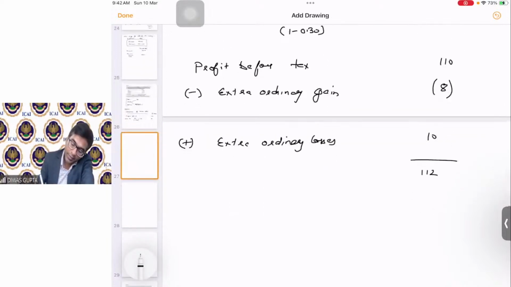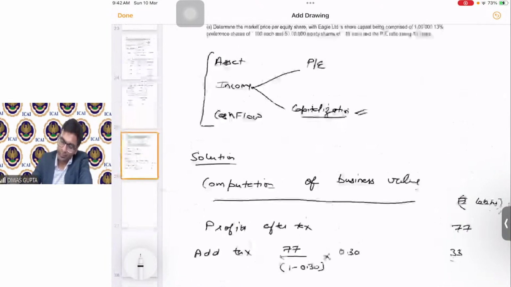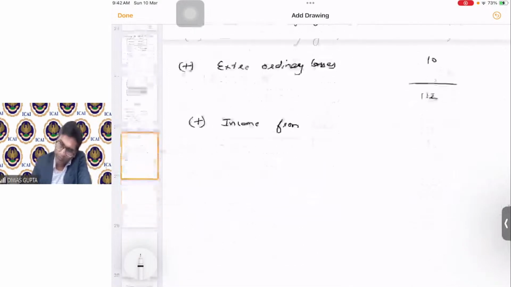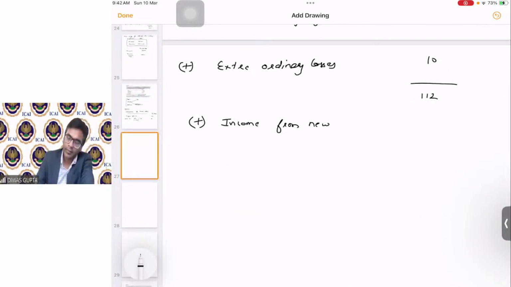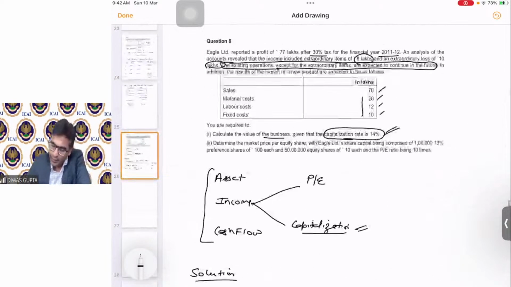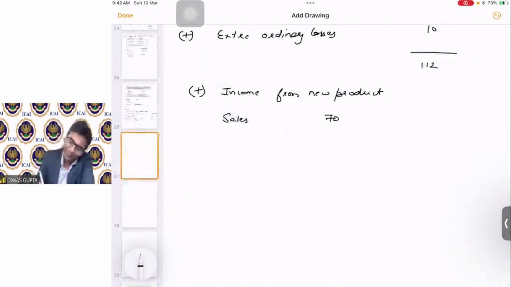Now in this, students, we have to add income from the new product. What is the sales? 70 lakhs, correct? Material cost 20. Labor cost is how much? 12.